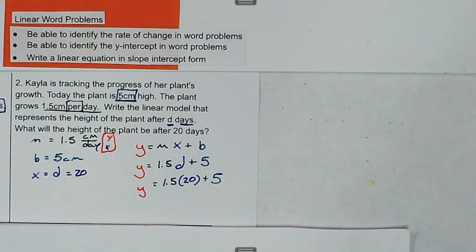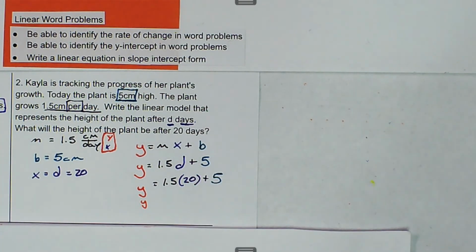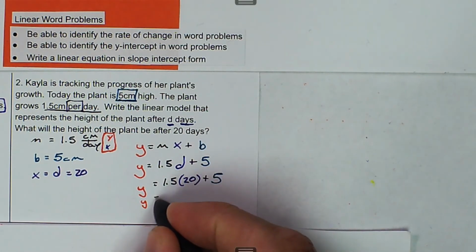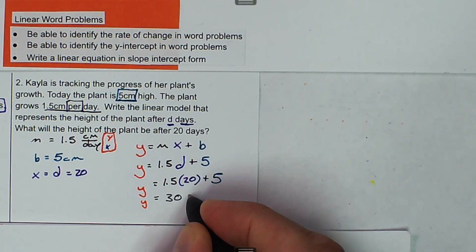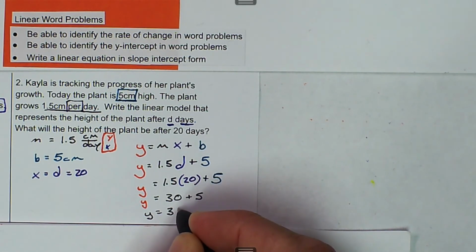So 1.5 times 20 ends up getting us 30. 30 plus 5, so y is equal to 35.